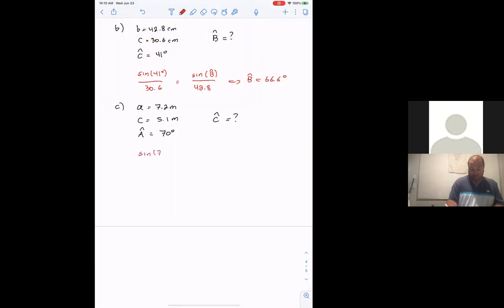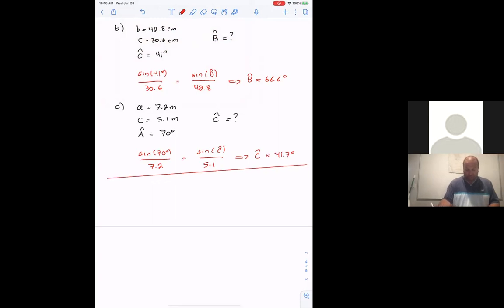So angles on top, sine 70 degrees over 7.2, units suppressed, equals sine of C hat over 5.1, units suppressed. So sine of 70 degrees divided by 7.2, multiply by 5.1, take the inverse sine, and we get C hat is approximately 41.7 degrees. You see, once you get the hang of it, very, very fast.